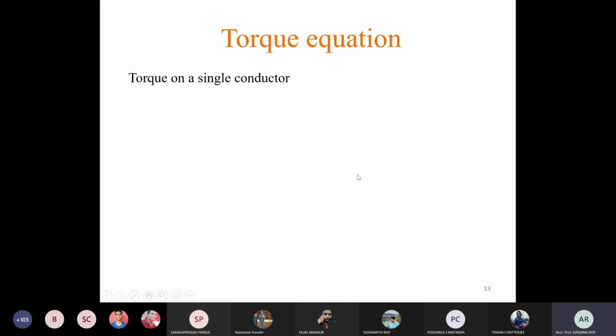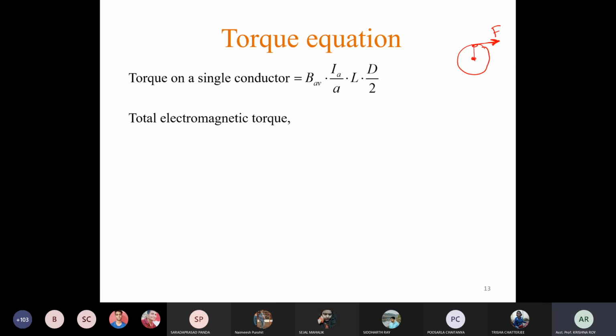Therefore, the torque on a single conductor. When force is given, how do we calculate torque? If we consider one circular path, suppose this is one conductor which is experiencing force in this direction, and this is the distance from the axis of rotation to the point of action of the force.